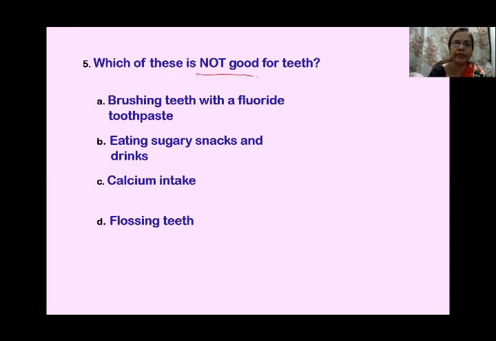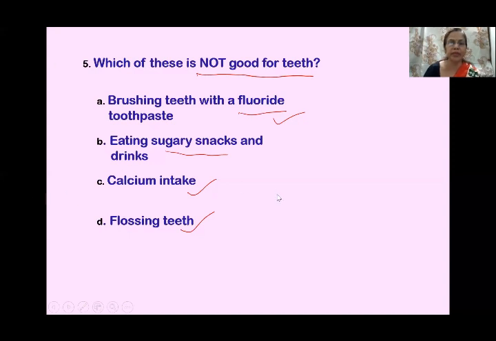A habit which is not good for teeth, you have to find out. First is fluoride toothpaste. It is good for teeth as it repairs the enamel when it gets softened. And eating sugary snacks is not good for teeth. Then calcium intake is good, and flossing teeth helps in cleaning of teeth. So what will be the right answer? B is the right answer. Eating sugary snacks and drinks.